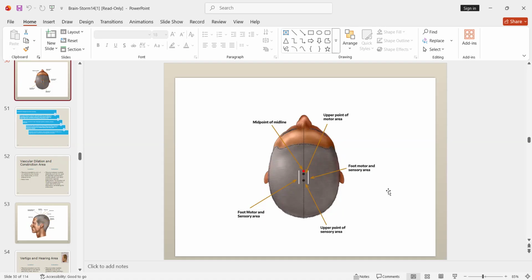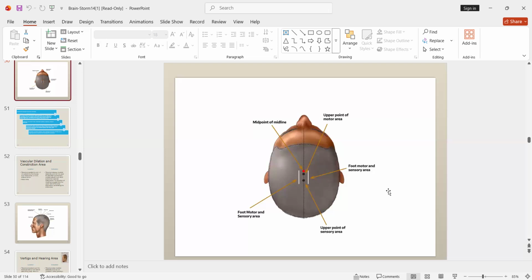Then when you go 3.7 centimeter anterior side and 2 centimeter lateral side, there is a line of 4 centimeter long for emotional and split area.